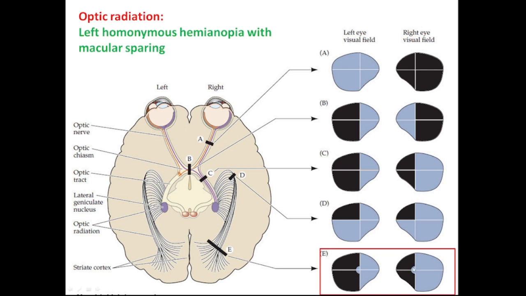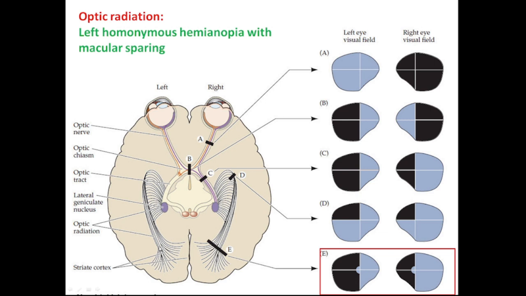So the macular region will be spared. Other than this macular region, the other part, that is the temporal part of the left eye and the nasal part of the right eye, will be affected. So this is called left homonymous hemianopia with macular sparing.